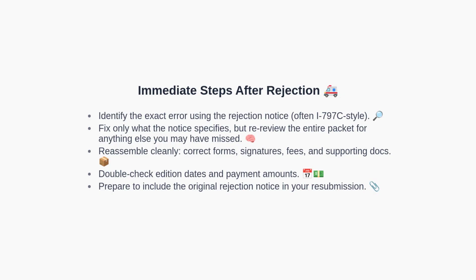Rebuild the package cleanly with correct forms, fresh signatures if needed, appropriate fees, and supporting documents. Confirm the latest form editions and the exact fee total. Finally, set aside the original rejection notice for inclusion in the resubmission, because it helps the mailroom properly route your corrected packet. Next, let's see the resubmission protocol laid out on a timeline.